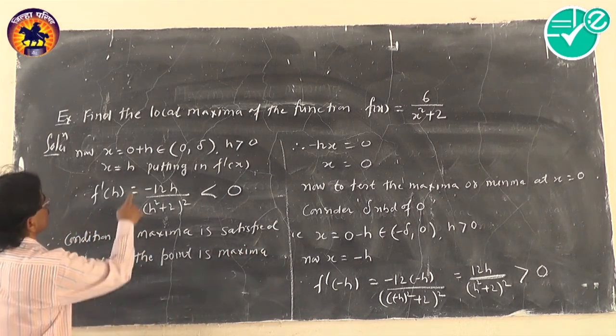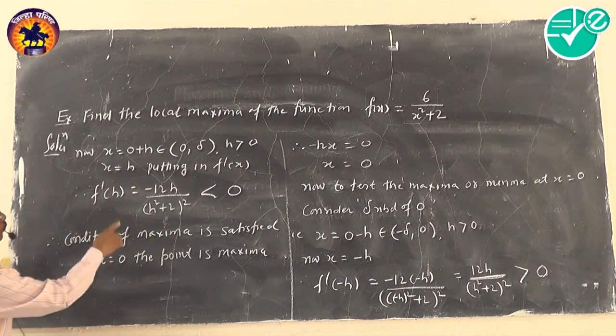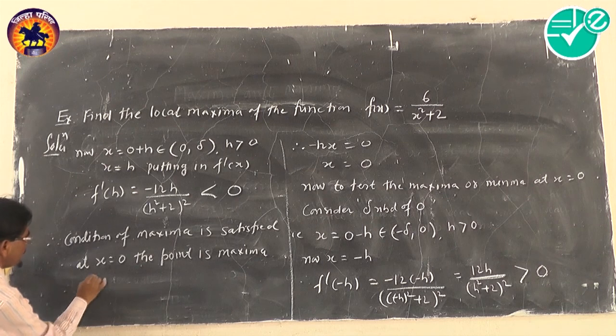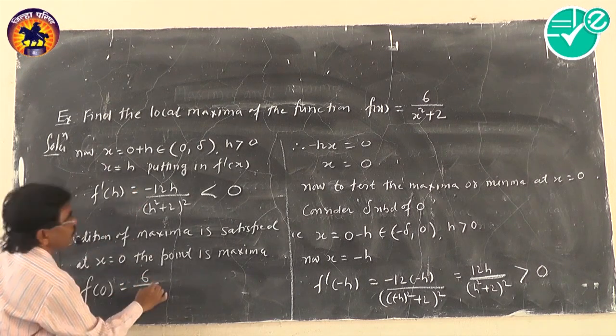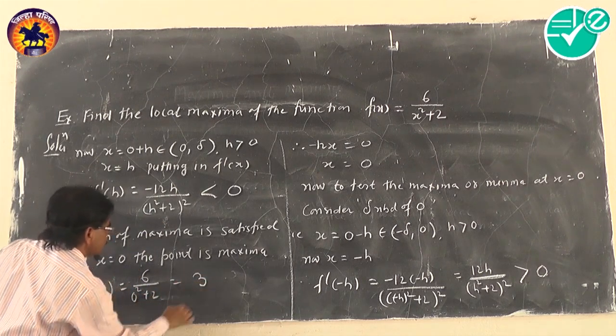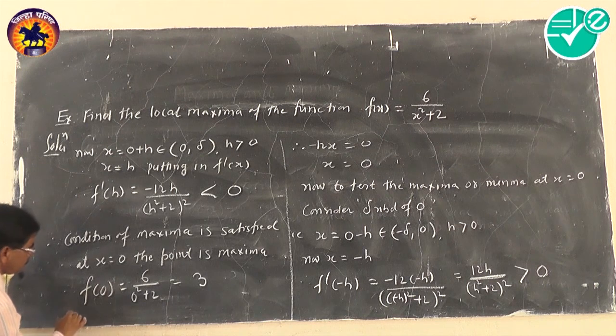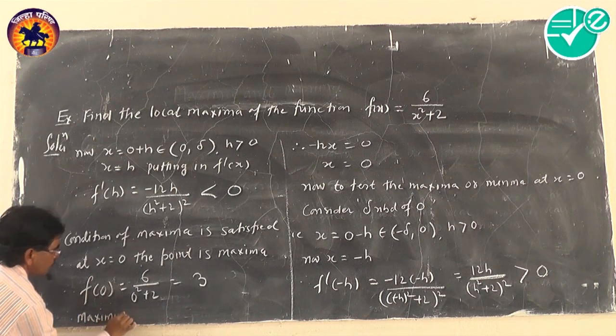Now put x is equal to 0 in the function. Therefore for the maximum value put x is equal to 0 in the function. Therefore f of 0 is equal to 6 upon 0 square plus 2, and that is equal to 3. Therefore the maximum value is 3.